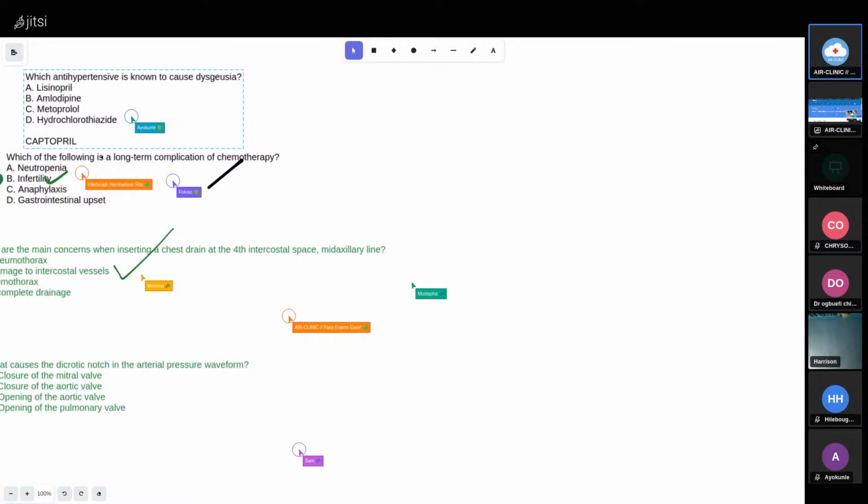You guys can attempt the question, but we'll need to look for an image. Dicrotic notch, aortic pressure curve.